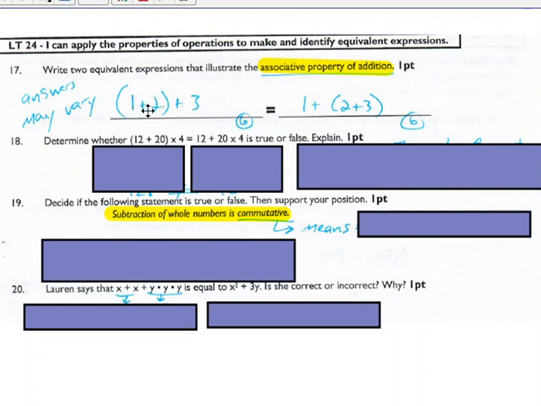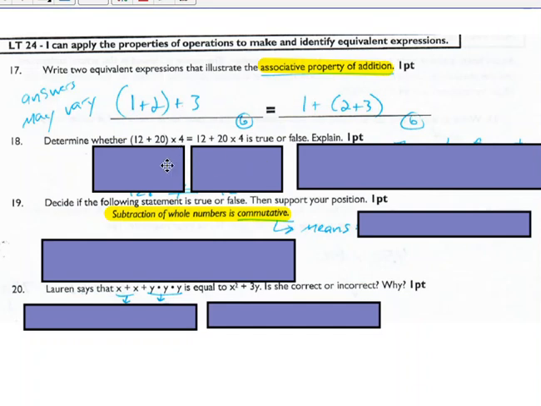Like here, we grouped these 2 together, but in the second one, we grouped the last 2 together. But the bottom line is that it's okay with addition because you get the same answer. Okay, if I use these numbers, I would get 6 over here and I'd get 6 over there. This also would work for multiplication, okay? But they asked for the associative property of addition, and that's an example of it.